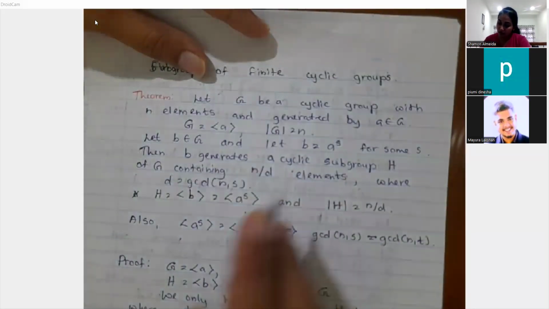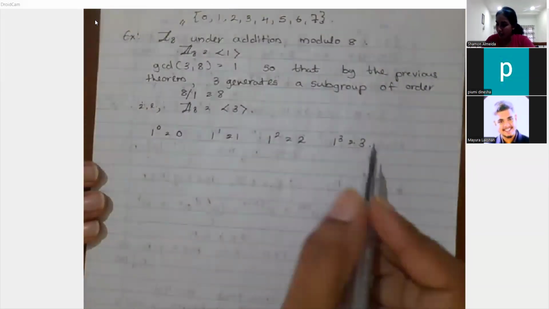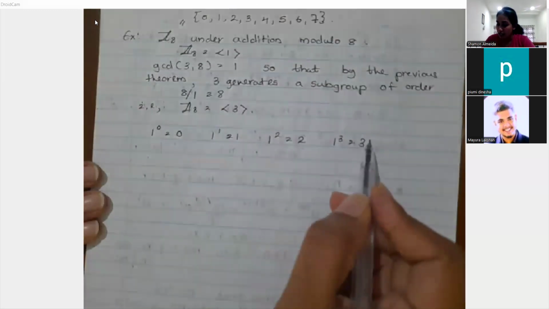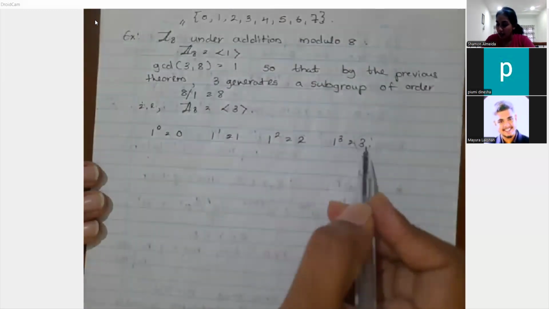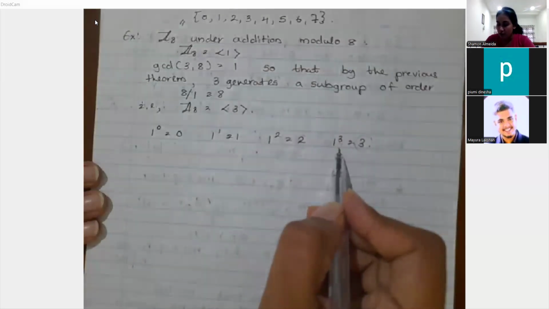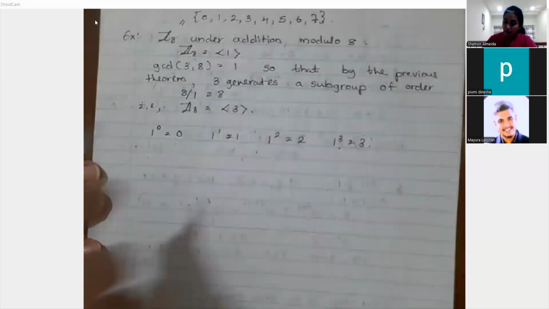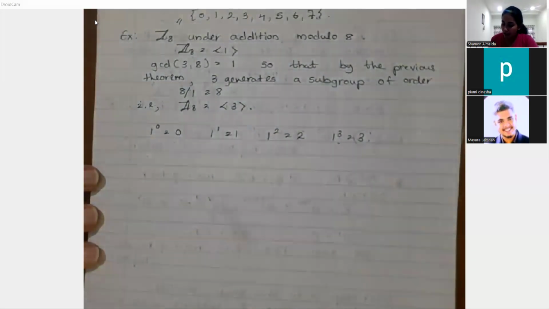Now, in this case, we actually have considered the element 3, and it is 1 raised to the power of 3. So how do we find the subgroup that it generates?